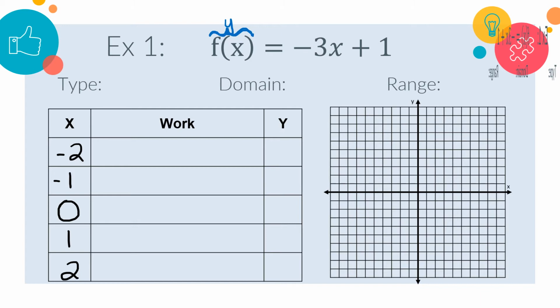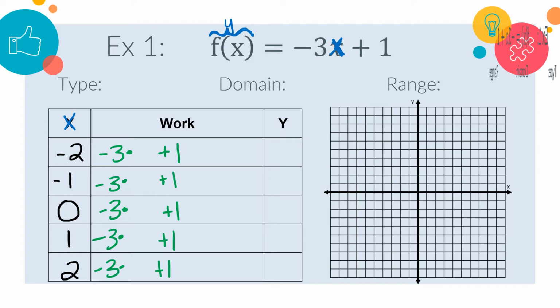Step 3, we're going to substitute the x value into the function, meaning if these are x's and this says x, I need to plug them in. So if I follow my function, it says negative 3 times x plus 1.